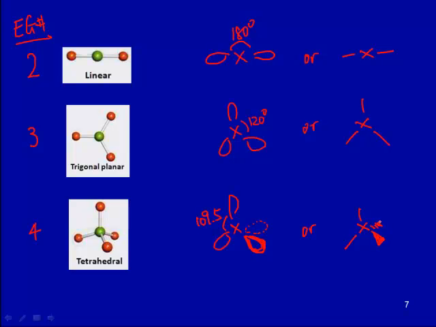So this is actually the way to use a 2-dimensional graph to represent a 3-dimensional shape. This stick and this central atom are on the same plane, the plane of the screen.